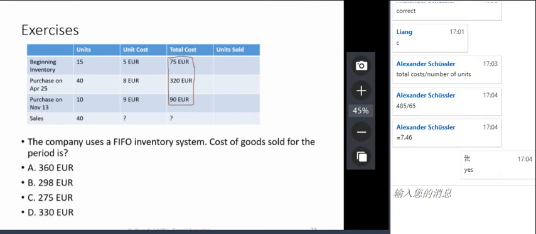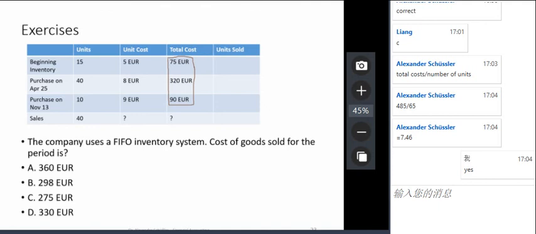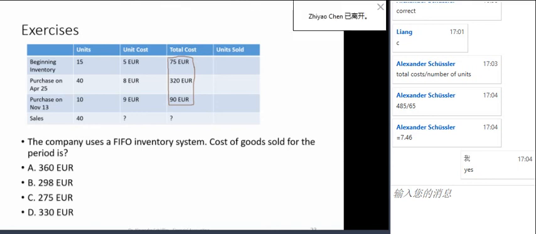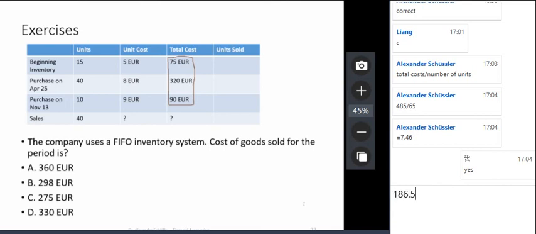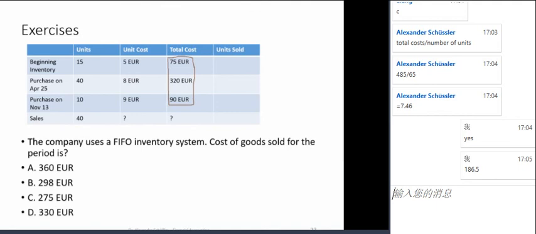And now we have to look how many are still there. How many was it? I think it was 35. Oh, what was it? 25. 25 is still there. So 25 times 7.46 equals 187.